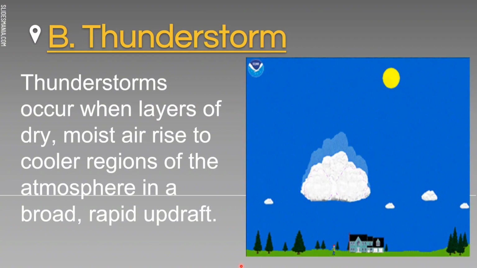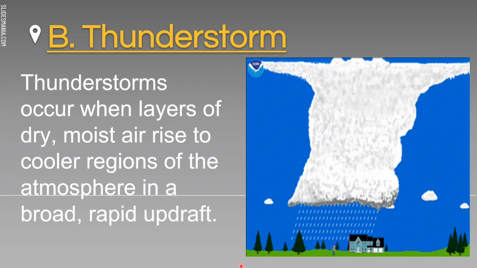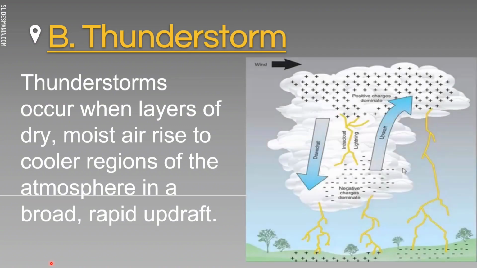This is an example of the process of how a thunderstorm is formed, wherein the layers of dry, moist air rise to the colder regions of the atmosphere in a broad updraft. Okay.